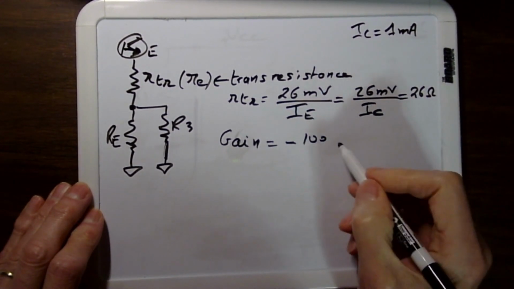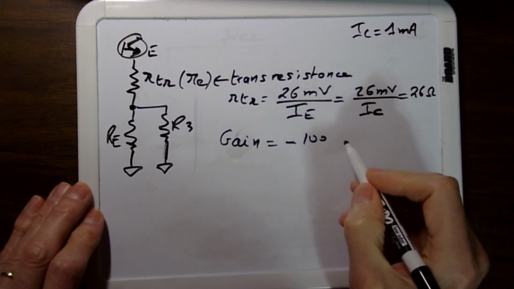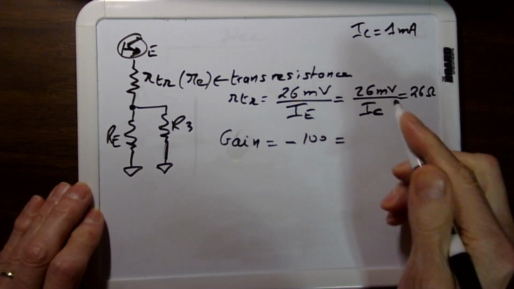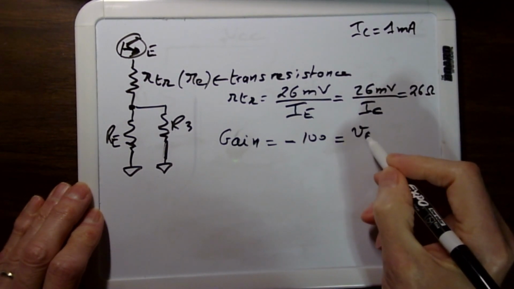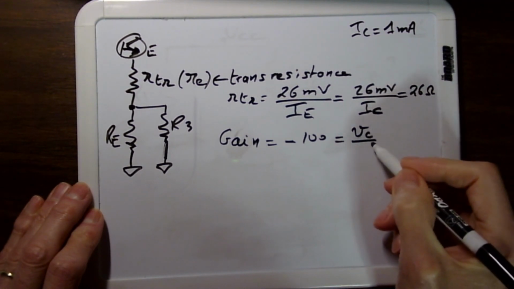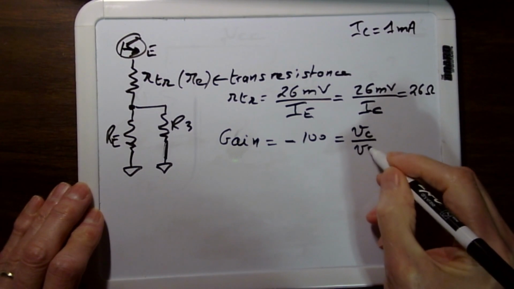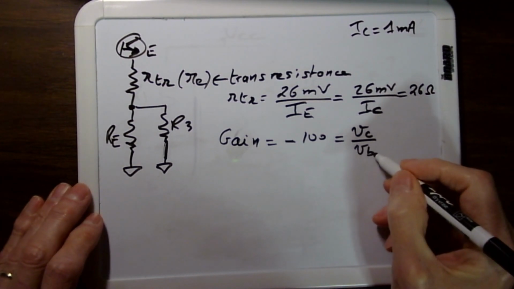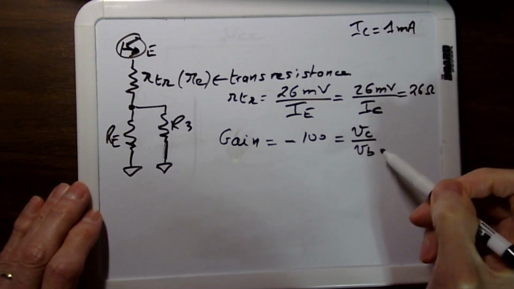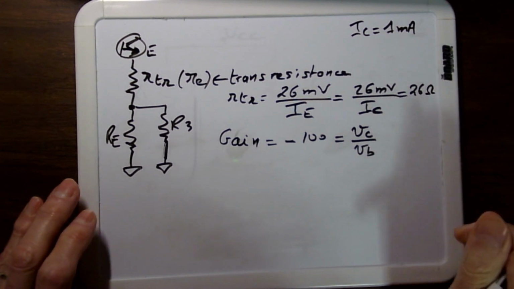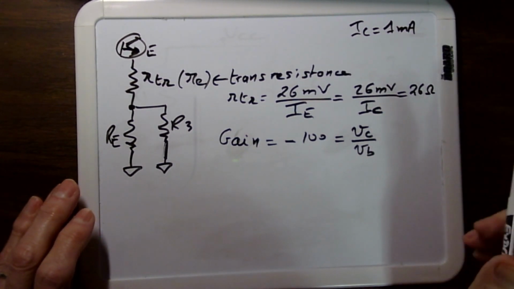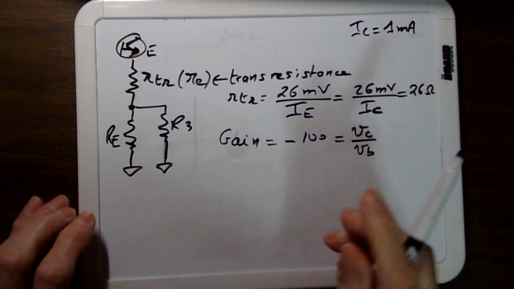And so the definition of gain is small v, small c, this indicates AC, over small v, small b. So the collector voltage over the base voltage. So we're going to use that to compute R3.